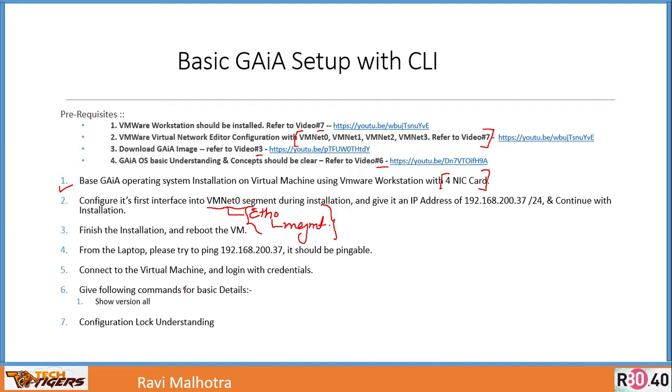Connecting to the virtual machine and logging in, showing the IP address of my management interface, finishing installation and rebooting: these 3 steps have already been performed. Just refer to video number 9. Look at the lab, and you will see the entire lab there.